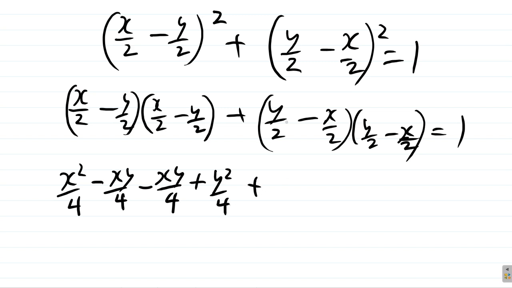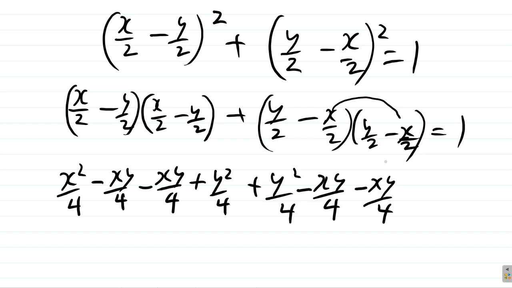Plus this one now, y over 2 by y over 2 gives you y squared over 4. And y over 2 times negative x over 2 gives you minus xy over 4. Negative x over 2 times y over 2 gives you negative xy over 4. Negative x over 2 times negative x over 2 is positive x squared over 4 equals 1.